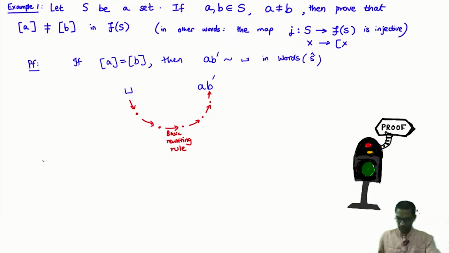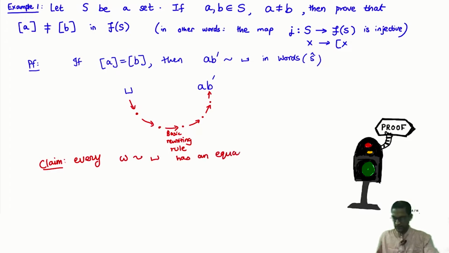So I claim that every W that is equivalent to the empty word has an equal number of A's and A primes. A and A dash, there should be the same number of these two in the word W.